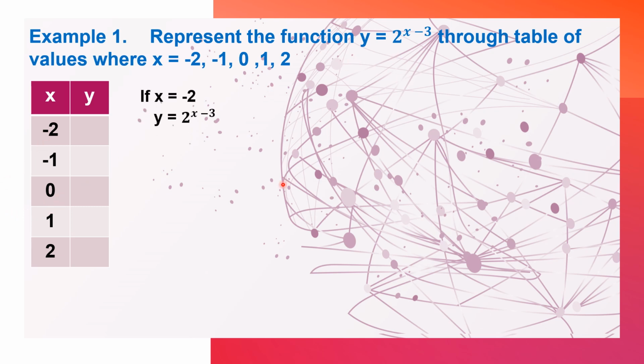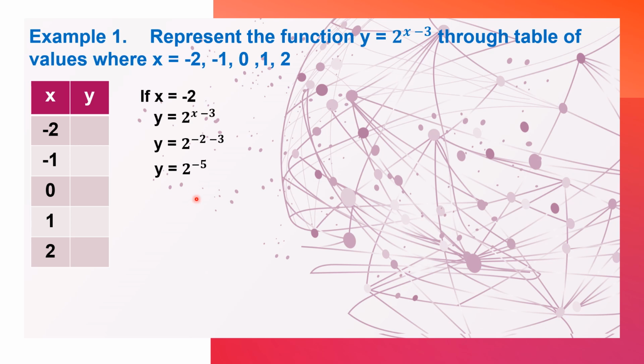So first we have x equals negative 2. So just replace x to the given value which is negative 2. So pinalitan ko lamang yung x dito ng negative 2. So negative 2 minus 3 is equal to 2 raised to negative 5. Applying now the law of negative exponents, magiging positive itong ating negative exponent kung ilalagay natin siya sa ating denominator.